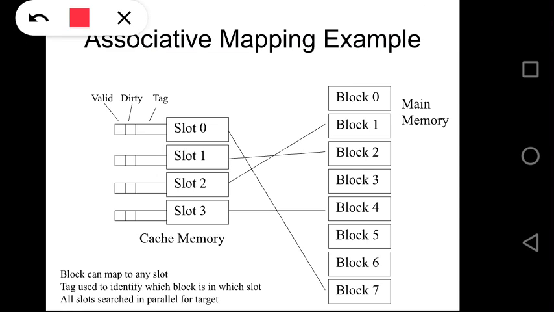A block can map to any slot. Tags are used to identify which block is in which slot. All slots are searched in parallel for the target. This is important. All slots, which means all blocks, are searched in parallel for the target.